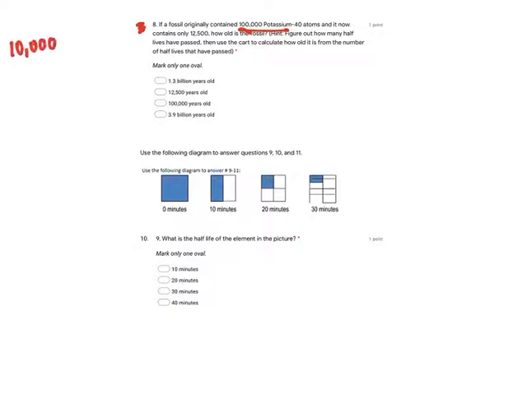So 10,000 divided by 2 would get us to 5,000. And that would be 1 half-life. Divided by 2 again would give us 2,500. Oh, sorry, I'm using the wrong quantities. Let's try that one again. So we start with 100,000 and we divide by 2 to get 50,000.